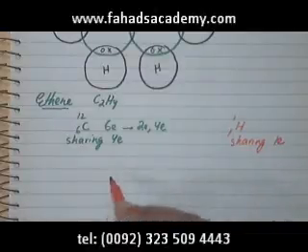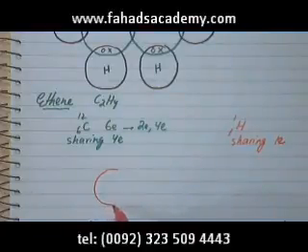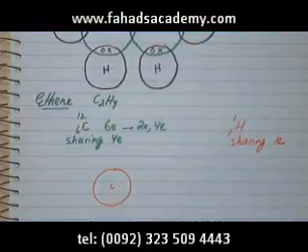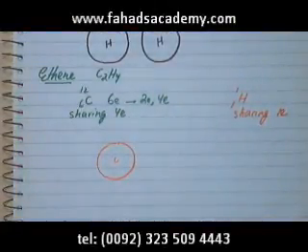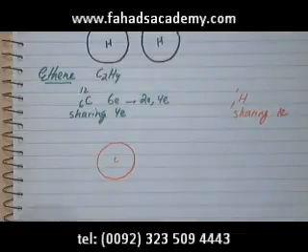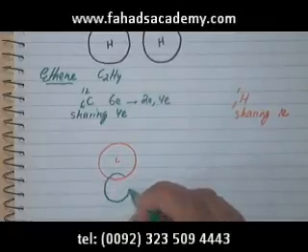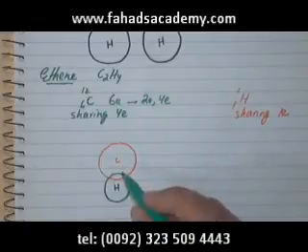So the first thing that I'm going to draw is a carbon atom. So I've drawn a carbon atom, and carbon needs to share, how many? It needs to share 4 electrons. So let's draw a hydrogen atom, and they're overlapping. Hydrogen needs to share 1 electron, carbon needs to share 4 electrons.